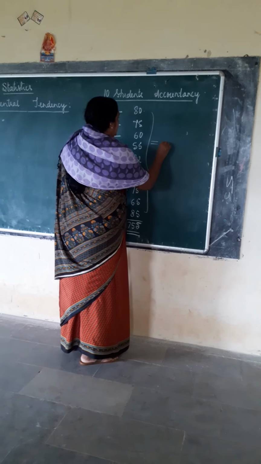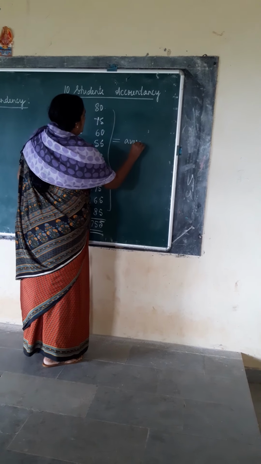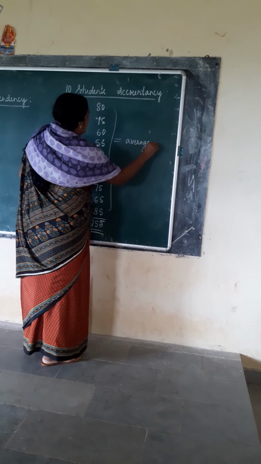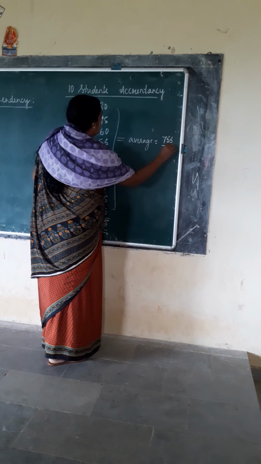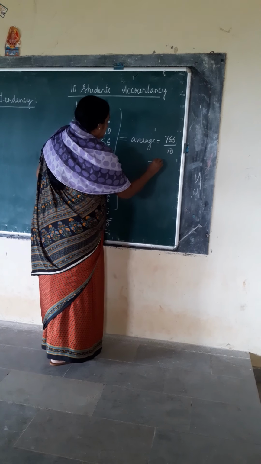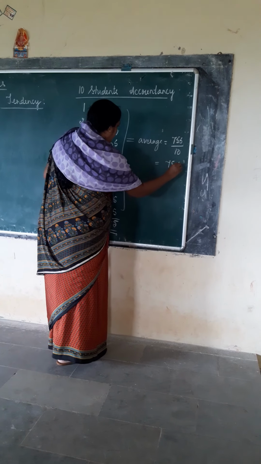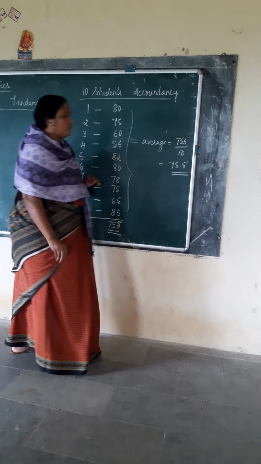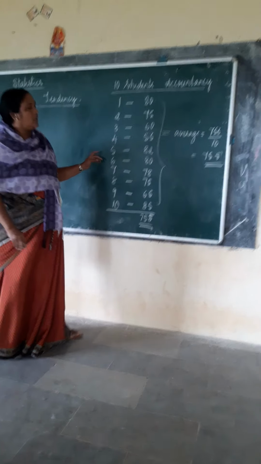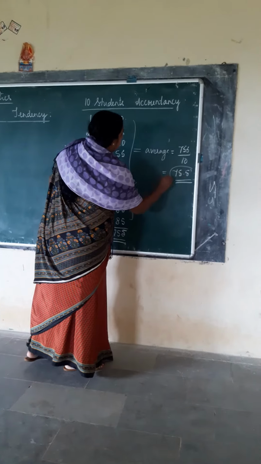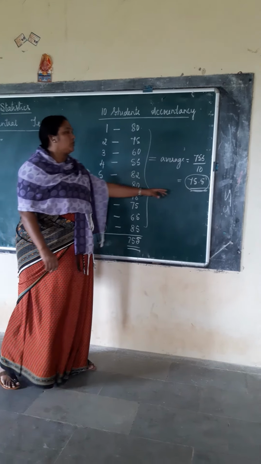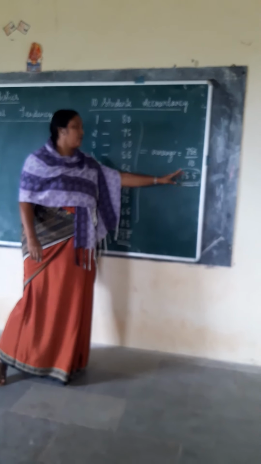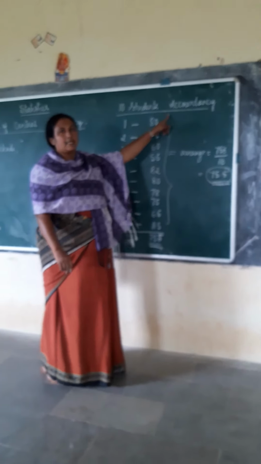So what will be the average then? Average marks scored by 10 students will be equal to 75.5. So now you will be able to understand something, that is, on an average a student in the class will be able to score 75.5 marks in the subject accountancy.